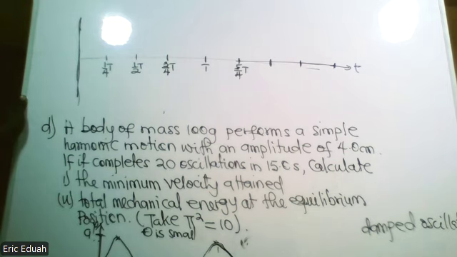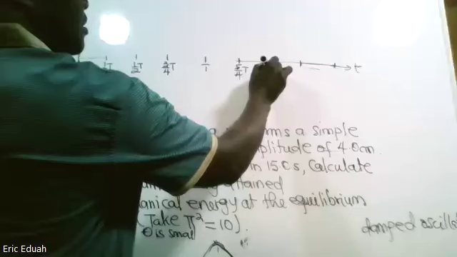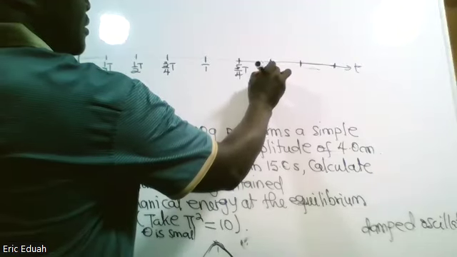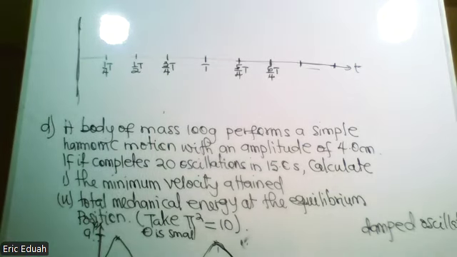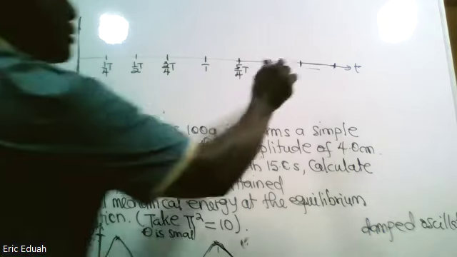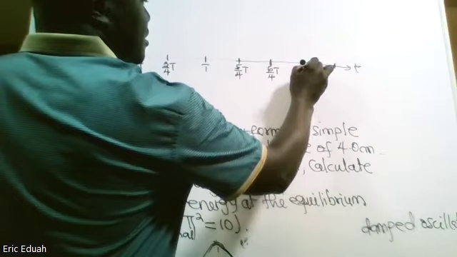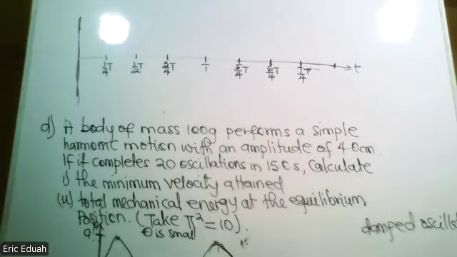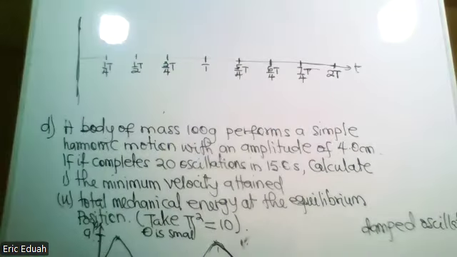Plus quarter, plus quarter, plus quarter. This is 2T. It's a displacement time graph.